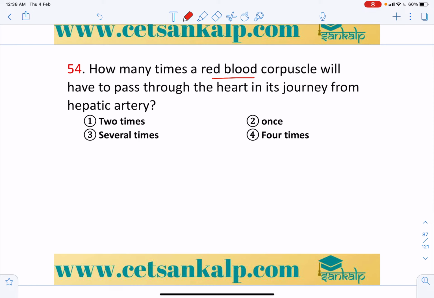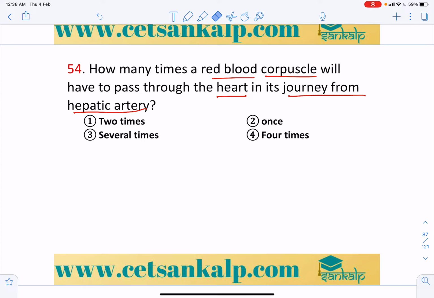How many times will red blood corpuscles have to pass through the heart in their journey? Generally, we know that from the hepatic artery, meaning from the liver, the hepatic artery supplies the blood.